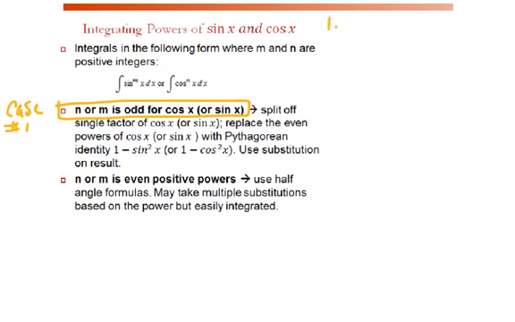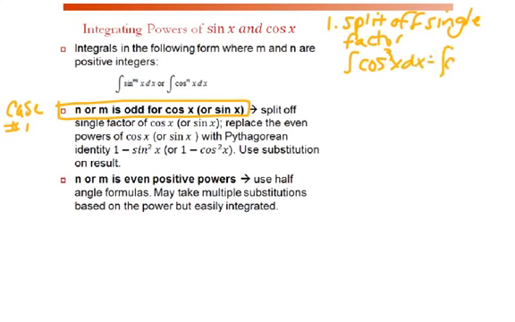What you're first going to do is split off a single factor. For example, if I had the integral of cosine cubed x dx, I'm going to rewrite this and split off one of the cosines.